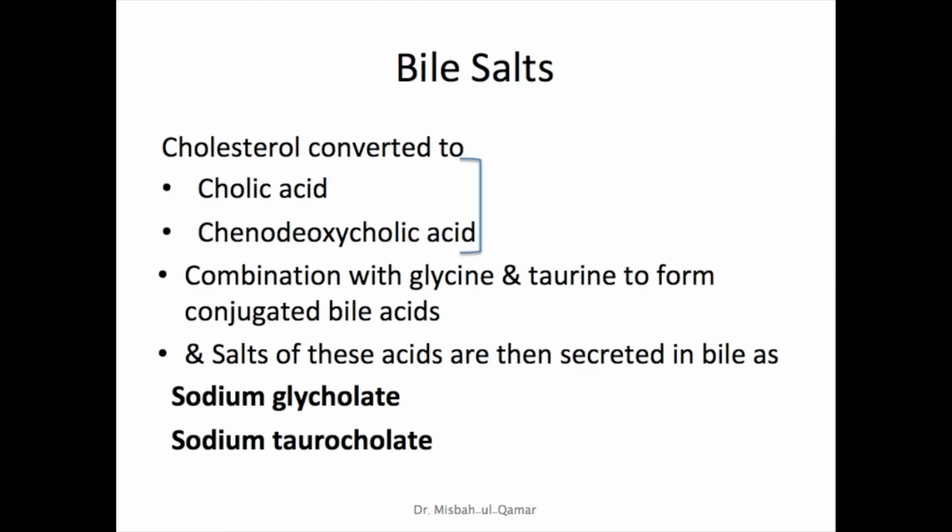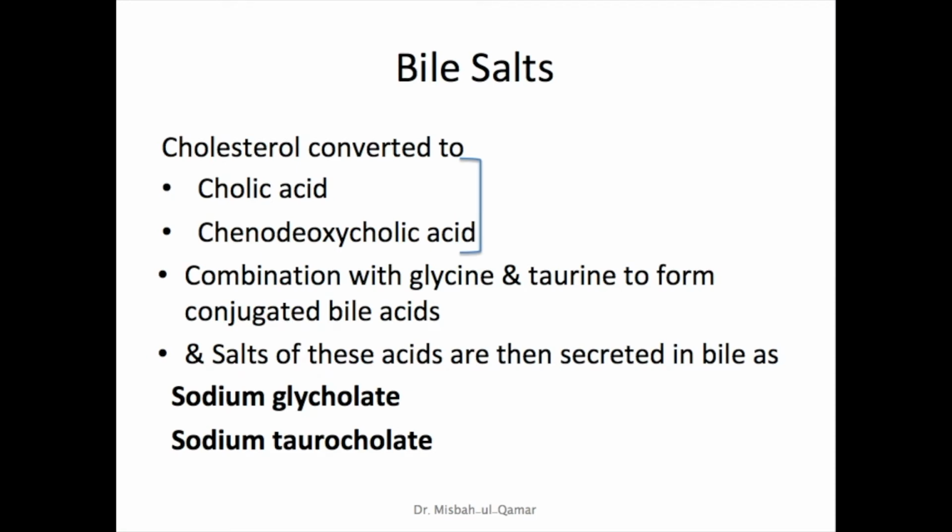So, how are the bile salts formed? You see, first, cholesterol brings about the formation of bile acids as the end products of cholesterol catabolism, and then the conjugation of bile acids results in the formation of bile salts.